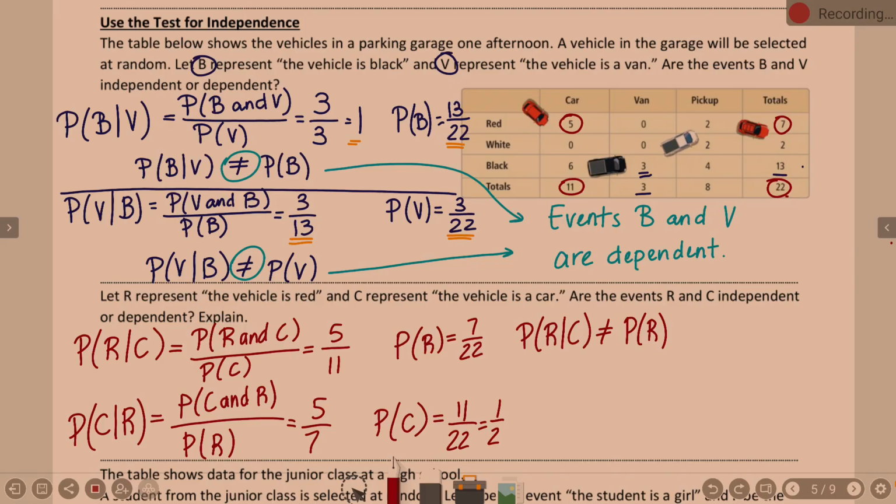What do we know? Probability of C given R does not equal the probability of C. So because both of these are false statements, what are we going to say? Events R and C, they're not independent, so they are dependent.